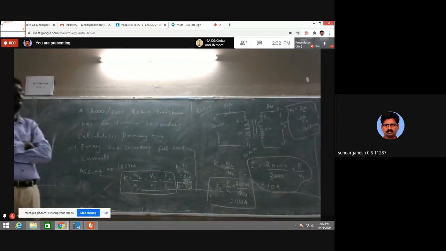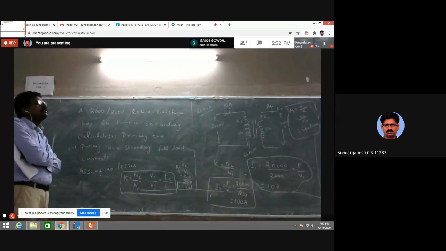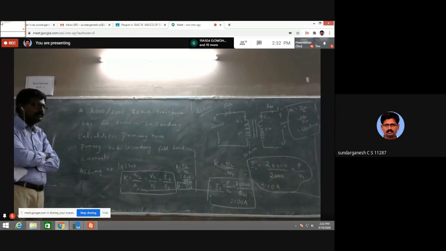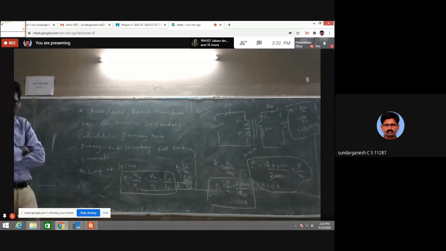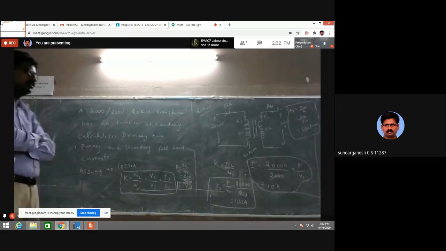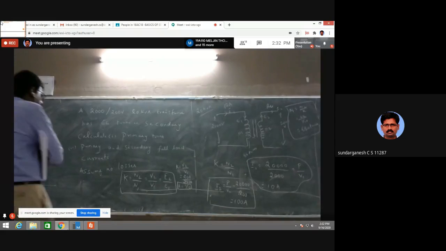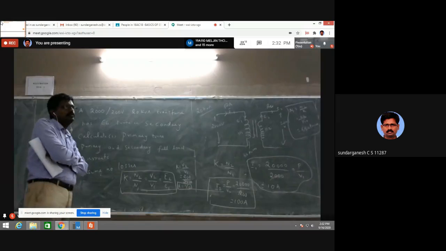Next is the single phase induction motor. We complete the syllabus for unit 2 within this week. Next we go to unit 3, which is about electronics, diodes, rectifiers, transistors and so on.